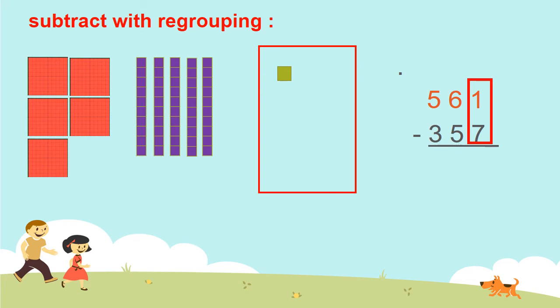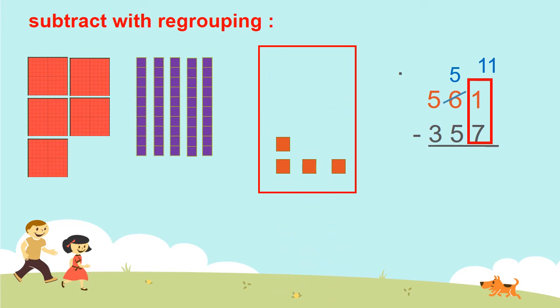So 10 and 1 make how many now? Now, first our tens became 5. And 10 and 1 make how many? Yes, good job, 11. 10 and 1 make 11. Now can I take the 7 that I want? Yes, I can take the 7. Let's remove the 7.